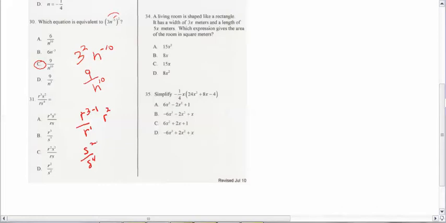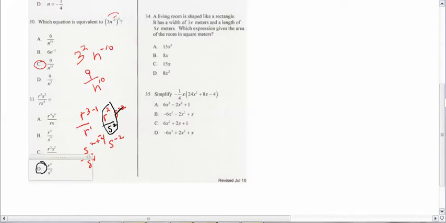We're dividing bases, so we subtract exponents: 2, keep, change. We have s to the negative 2. But remember, we don't want a negative exponent, so I'm going to take that s to the second and bring it down. And this is my final answer. R to the second over s to the second, and it looks like it is letter D.